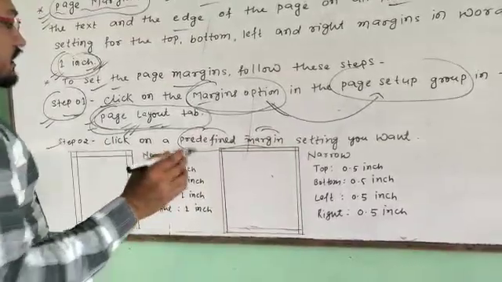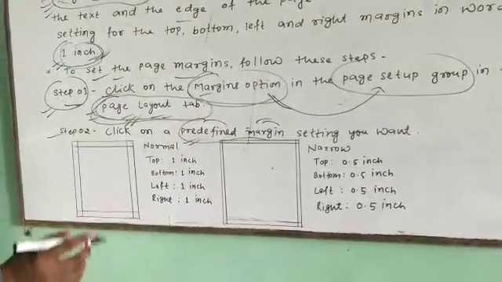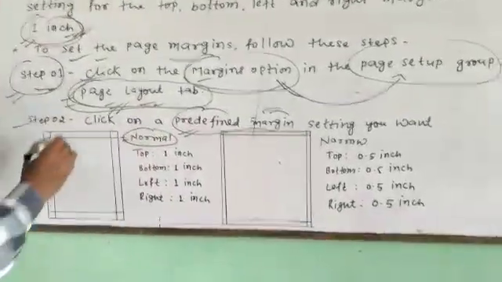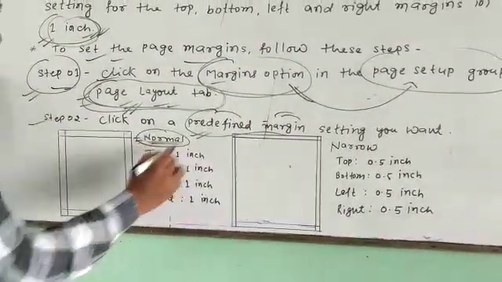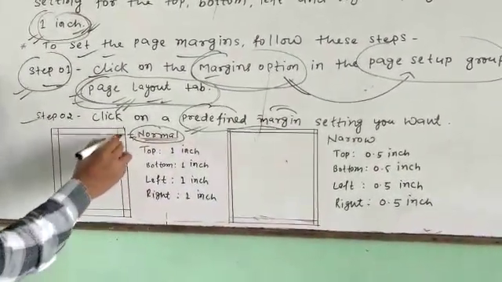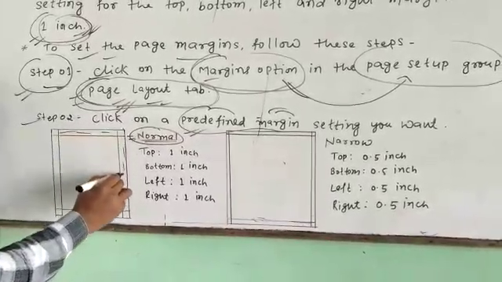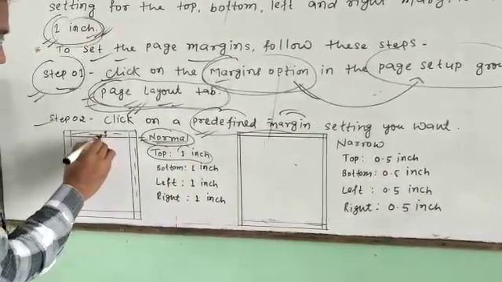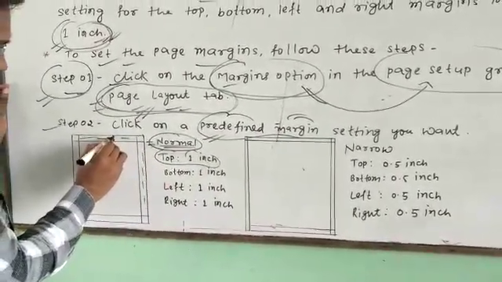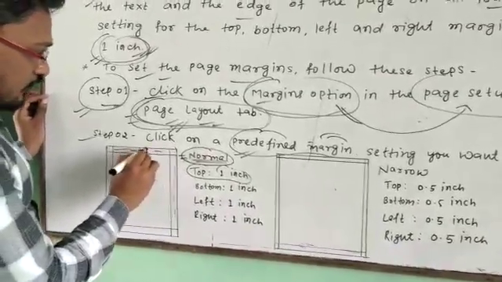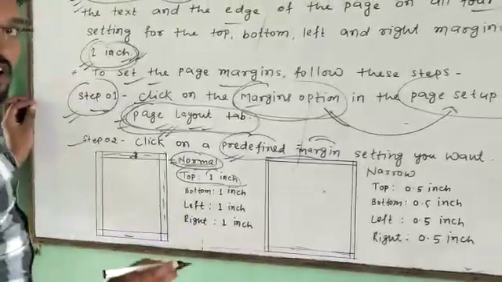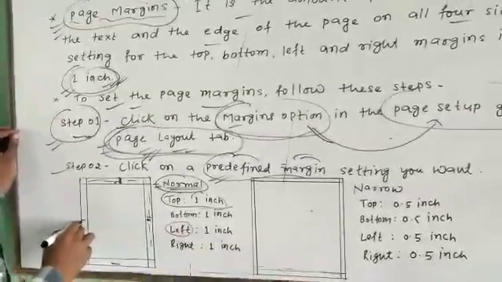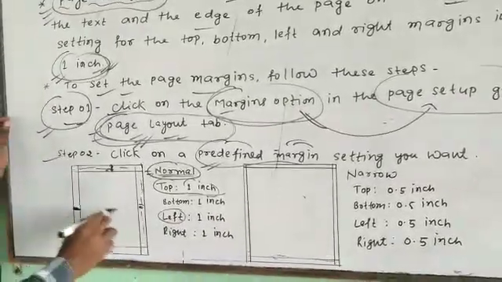If you select any one, just like this is the Normal page margin, called Normal. In this margin, the top margin is 1 inch, bottom also 1 inch, left margin also 1 inch, and right margin also.